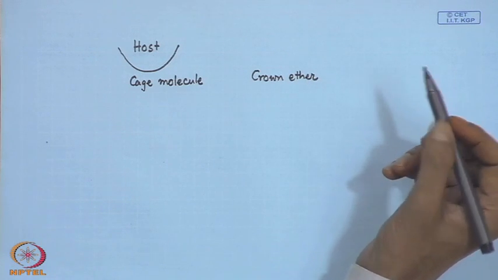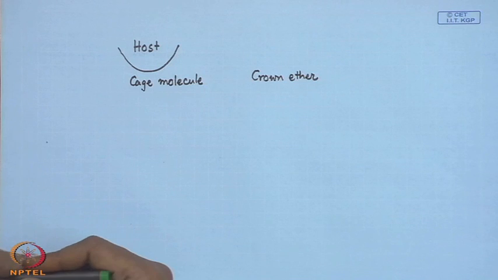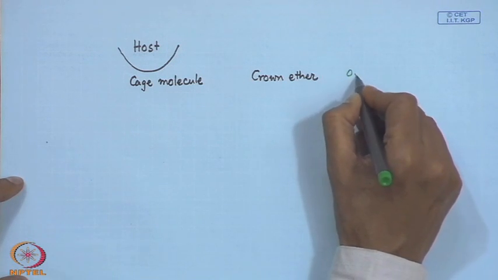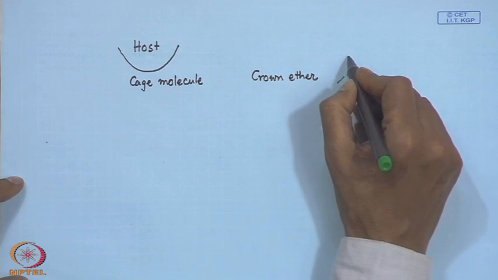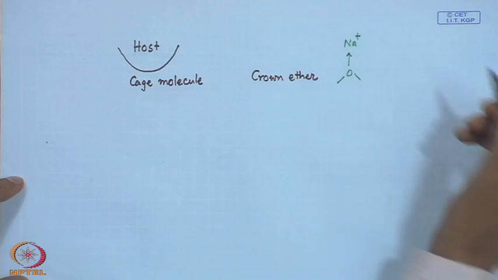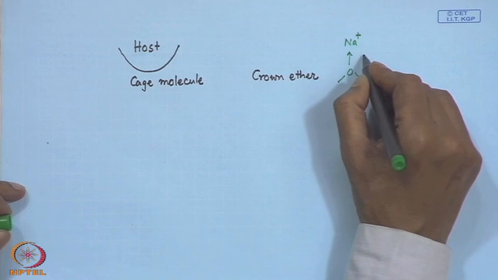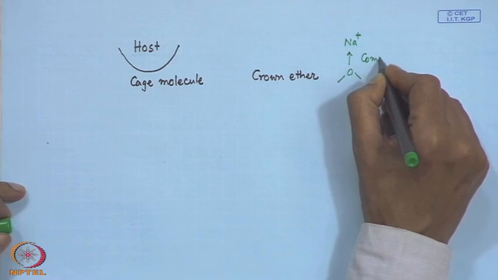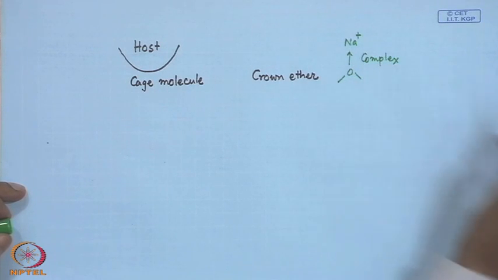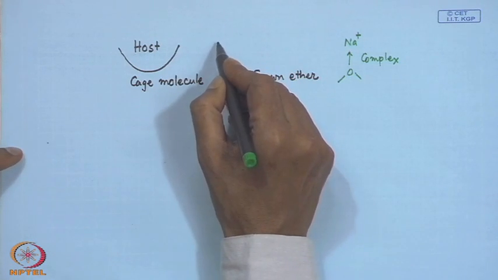In case of crown ether we know that it has some donor groups, oxygen based donor groups, which can coordinate to the metal center like sodium, potassium, lithium, etc. So, in that particular case we can consider it as complex equilibria. So, complex formation can take place, but within the cage molecule when it is basically trapping.